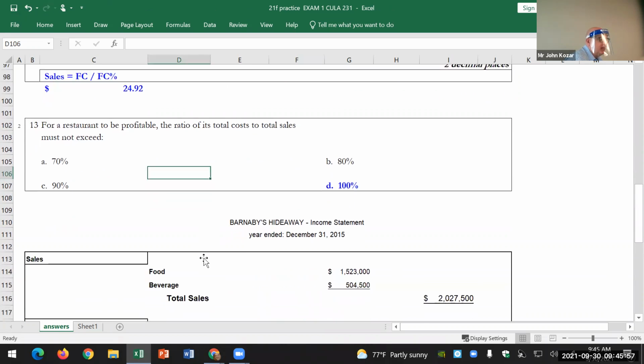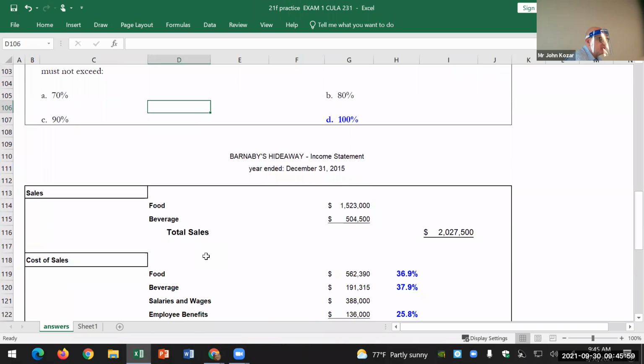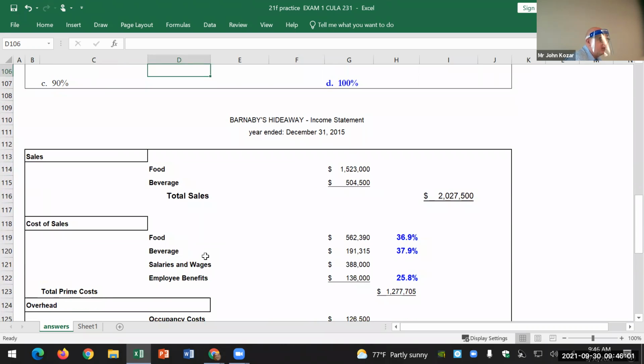Okay, now we have our income statement, and I just put my answers right onto the income statement. So I think it asks first for food cost percent. It's the food cost of 562,000 divided by the food sales of 1,523,000.